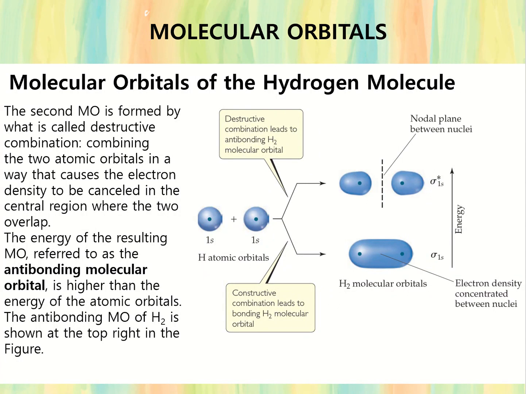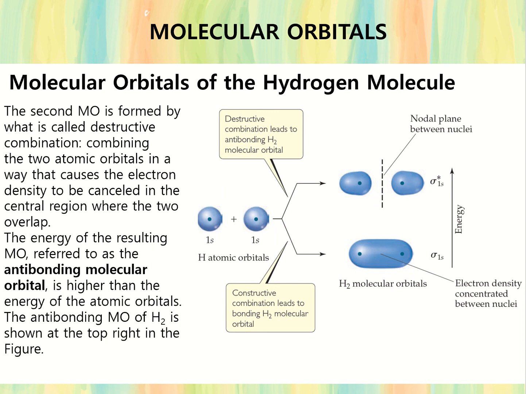So the second molecular orbital is formed by what is called destructive combination, combining the 2 atomic orbitals in a way that causes the electron density to be cancelled in the central region where the 2 overlap.